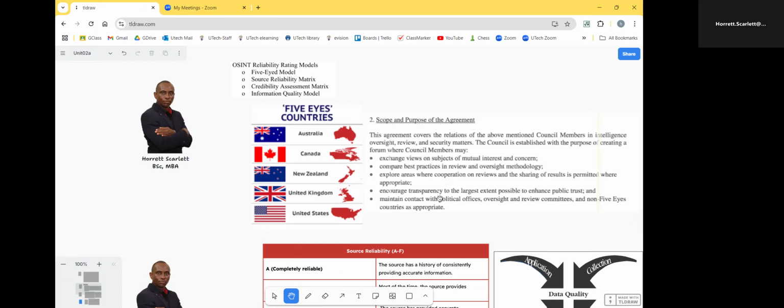There's also transparency, and this is being encouraged so that public trust can be enhanced. And this is important, especially as we talk about things like AI, because the public might not be readily open to AI technologies, given the threat of job displacement.